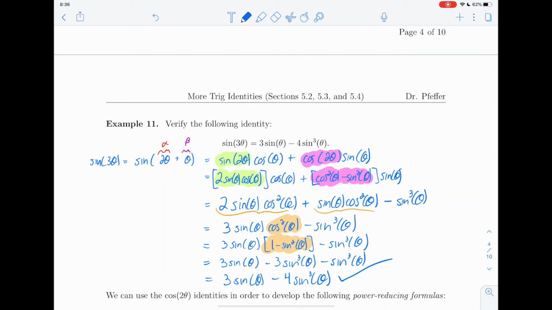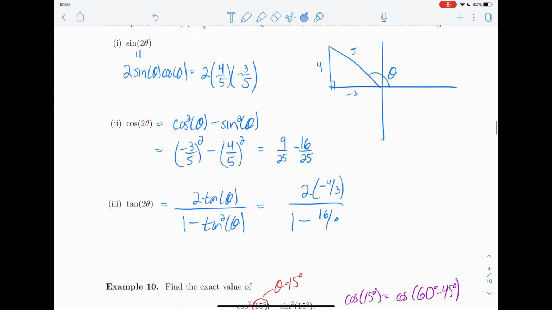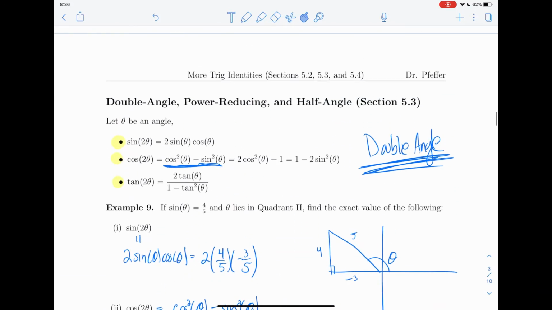So what we've learned in section 5.3 so far is some of the double angle formulas, but we can actually get some more out of those double angle formulas. You might notice, for example, that these representations of cosine 2 theta all involve some squares.